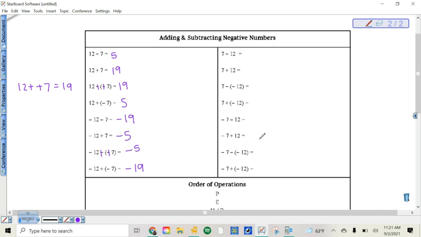So that's just the minus sign and the negative sign. Minus negative.